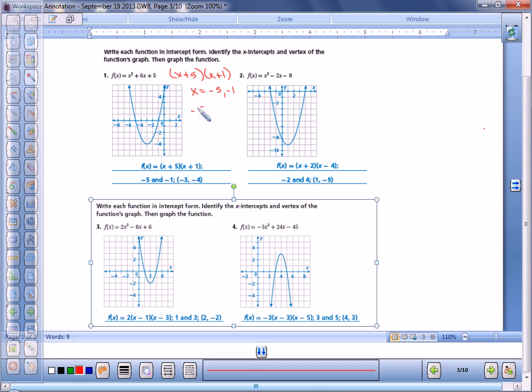So to find the vertex, if I just average those two, that gives me that the axis of symmetry is x equals -3, and that's the x value at the vertex. So if I plug in -3, then I get out -4 as my y, and that's how you find the vertex. Every time. You can just average these two. If you can't, just look at it and tell. Okay? Any questions about 1, 2, 3, or 4?